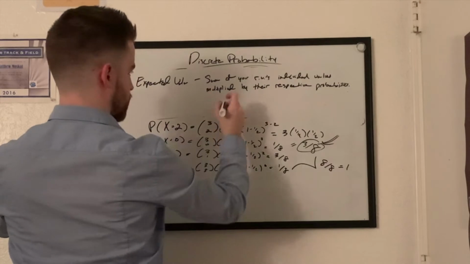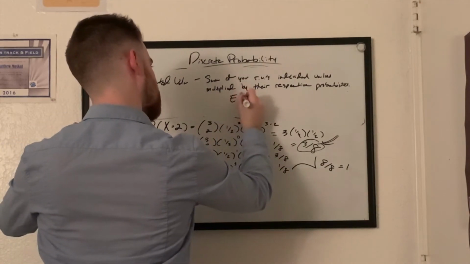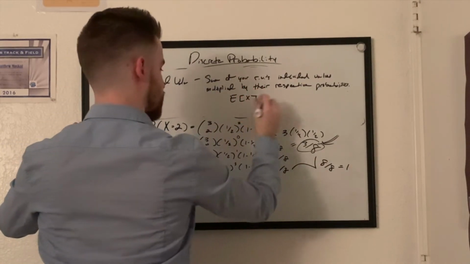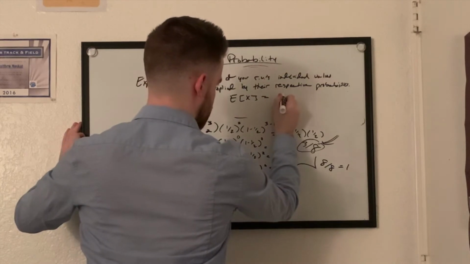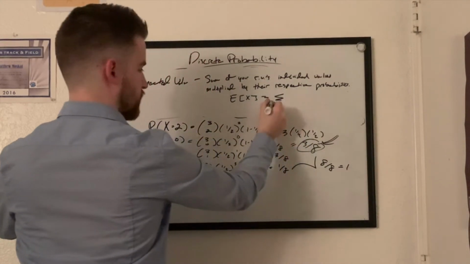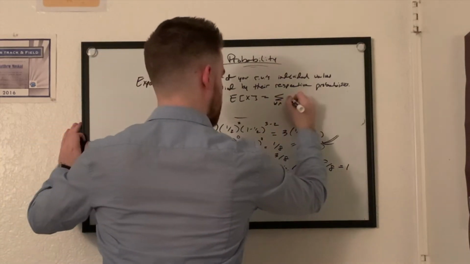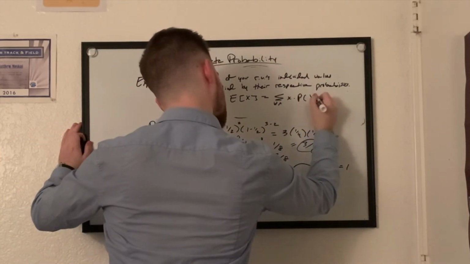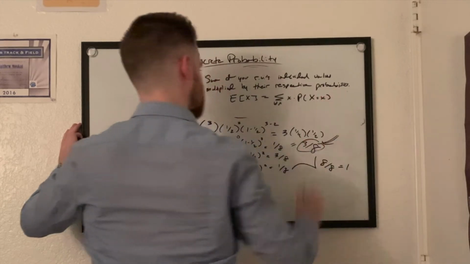This is mathematically given as the expected value of your random variable X is equal to the sum over all x, this thing means for all x, of x times the probability that your random variable X equals little x.